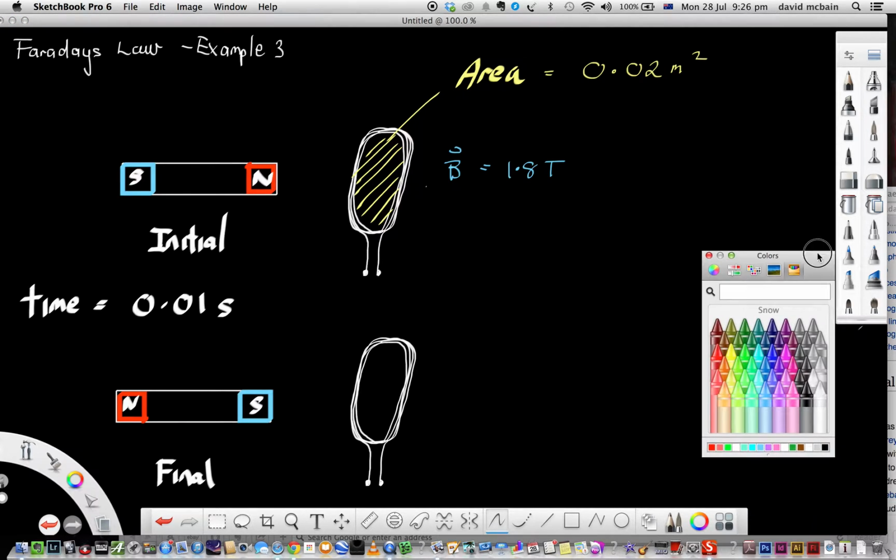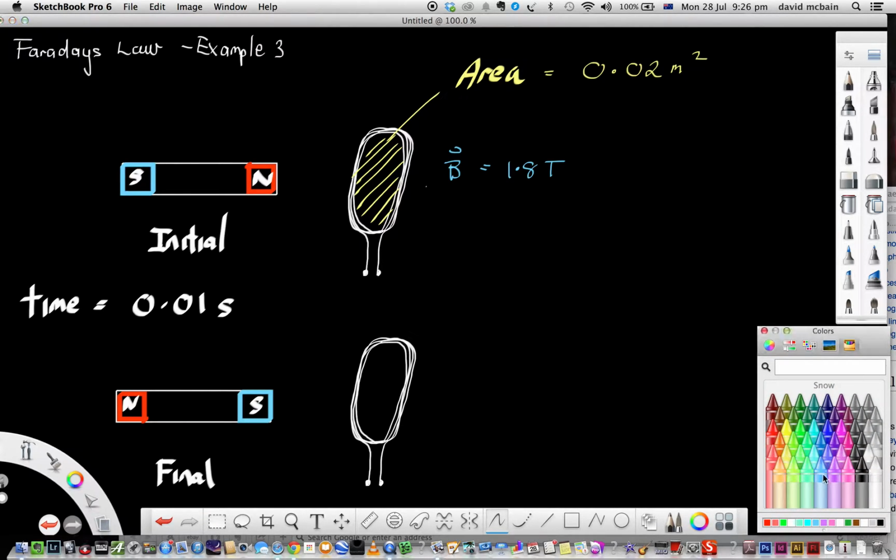Now, this is where the normal for our coil is going to come in handy. So here's the face of our coil. In the first situation, remember, field lines come out of the north pole of the bar magnet and go into the south pole.